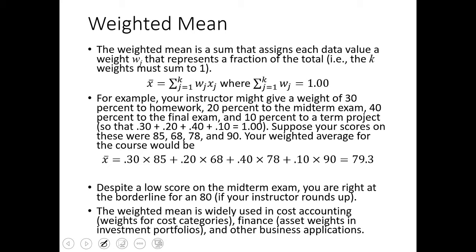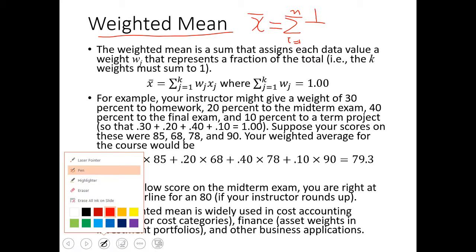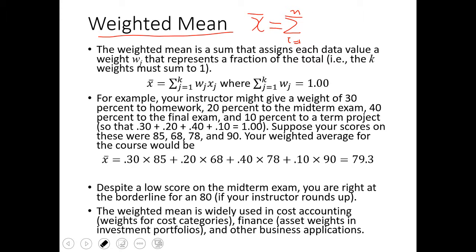Okay, weighted mean is simple. Sample mean is the summation of xi, with i from 1 to n, divided by n.